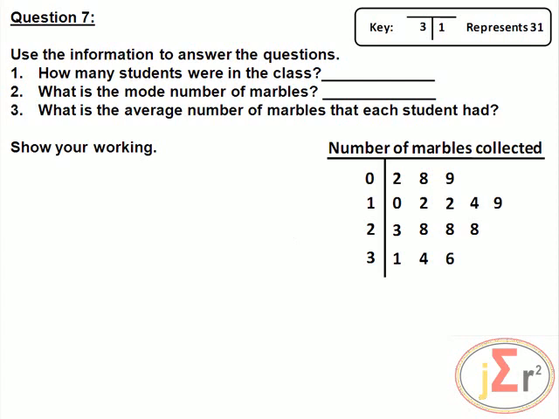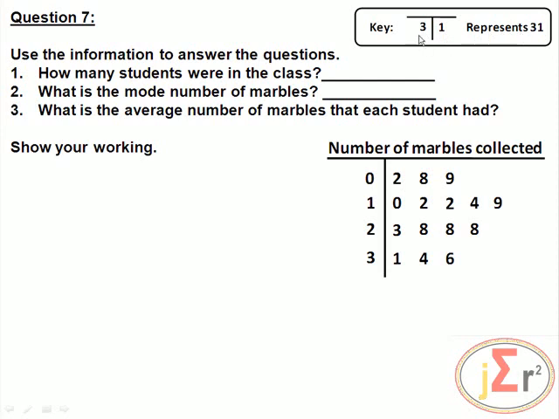And what do we have here? We have this, a stem and leaf plot. This is a stem and leaf diagram that represents data, number of marbles collected. And we have the key right here. 3, 1 means 31.